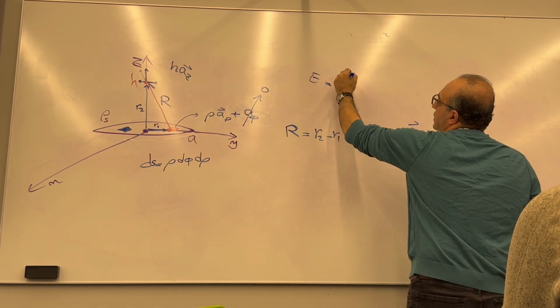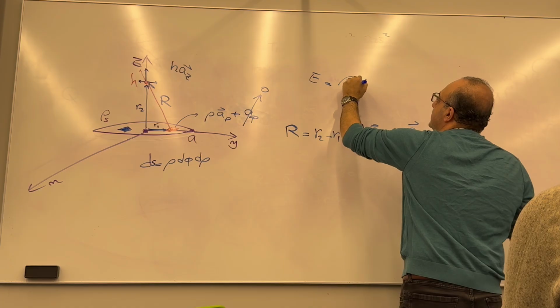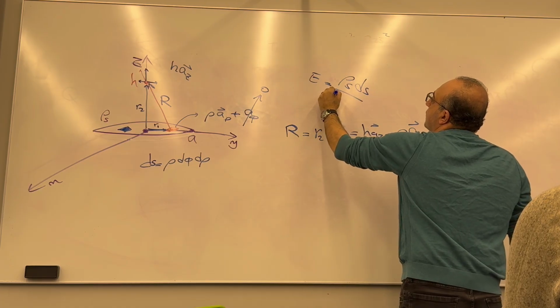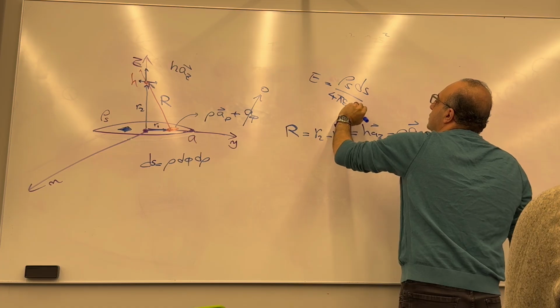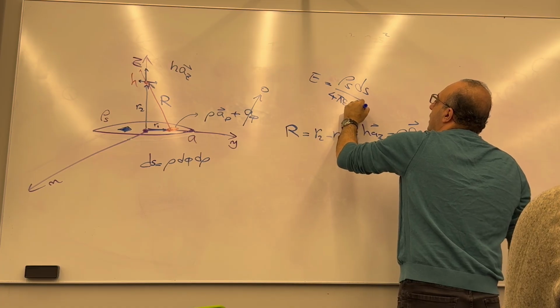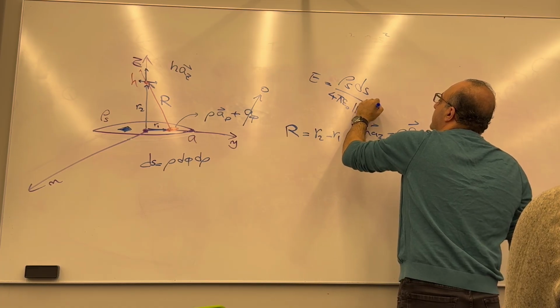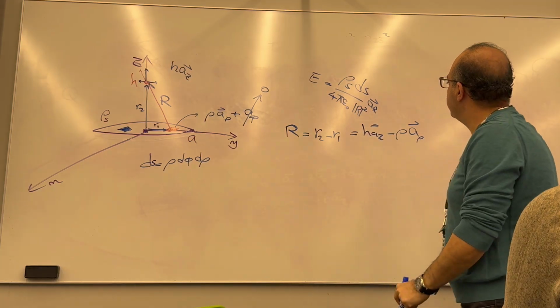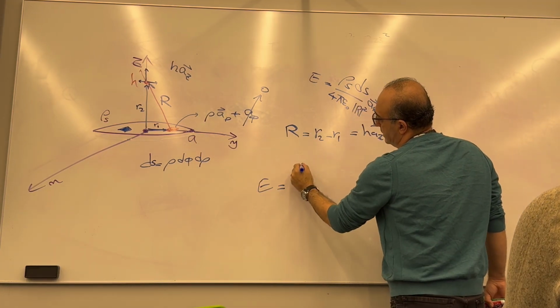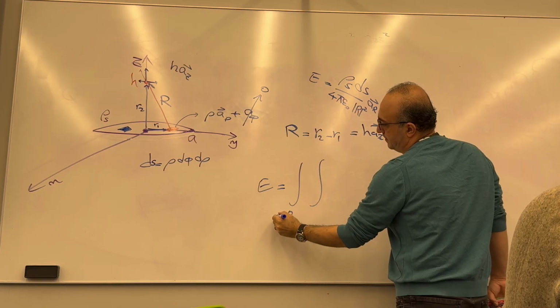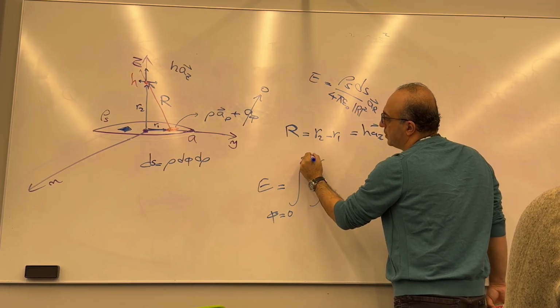Results for a point charge: rho s dS over 4 pi epsilon 0 r to a r. Okay, that's what we need to solve. Now in an integral form, there's going to be two integrals from 0 to 2 pi because of symmetry.